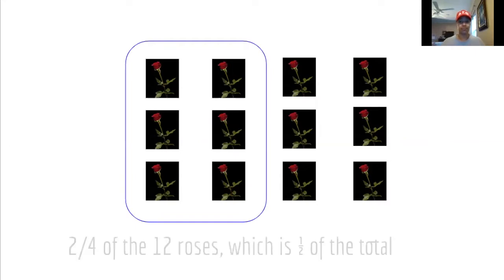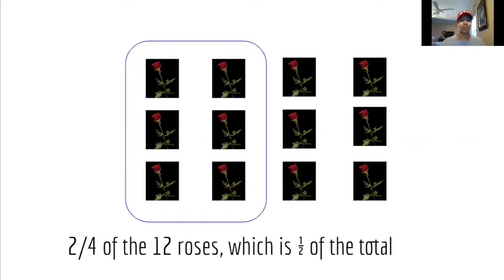Hey, that's half of our total. Let's remember what our question is though. We're looking for the number of red roses if we know that there are 3/4. Here's our representation. 3/4 of our roses is equal to 9. 9 of the 12 roses are red.